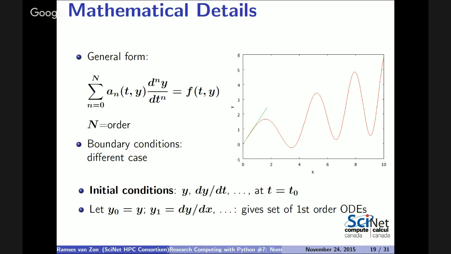So for instance, if I wanted to know something second order, I could define a new function called y1 that is just the derivative and say, well, its derivative is equal to y1. So I can convert any order equation to a set of first order equations.